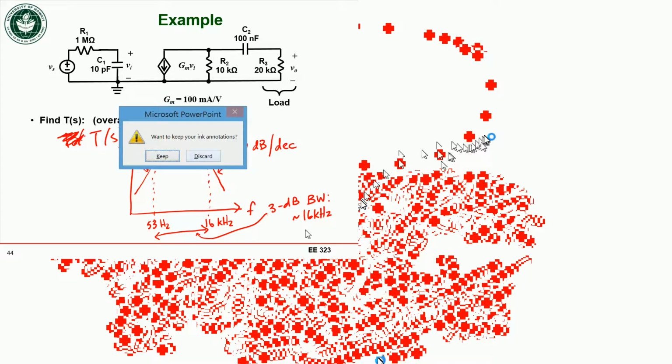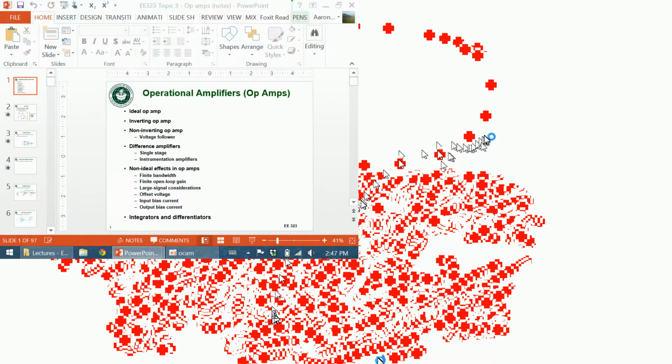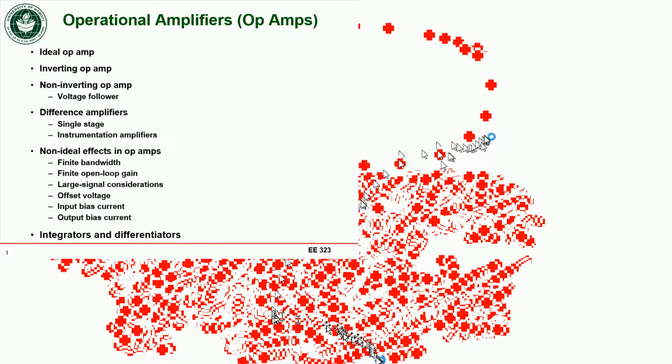Okay, so I'm going to talk about op amps now. So we're going to move to the next set of notes. And this is the summary of what we're going to talk about for this topic. We'll talk about the ideal op-amp, inverting and non-inverting op-amp, and this is hopefully a review.